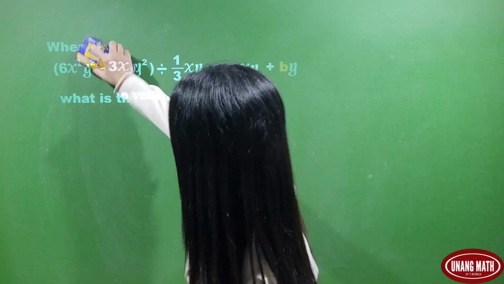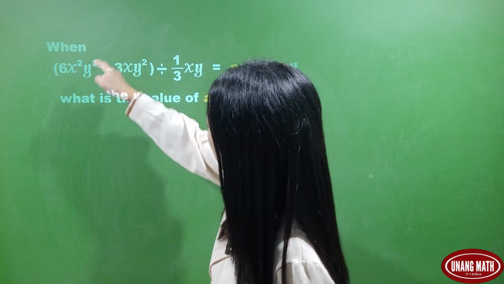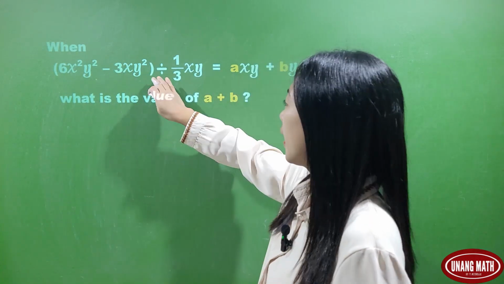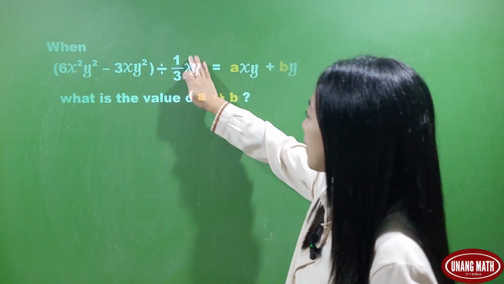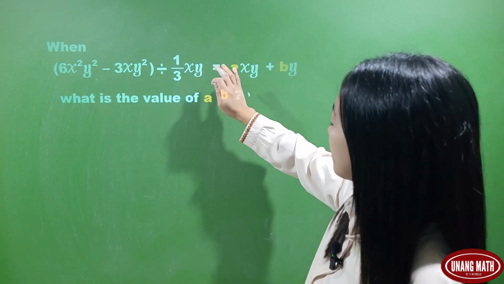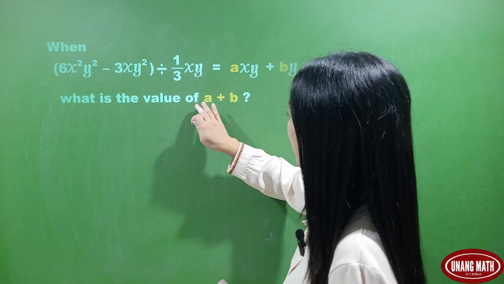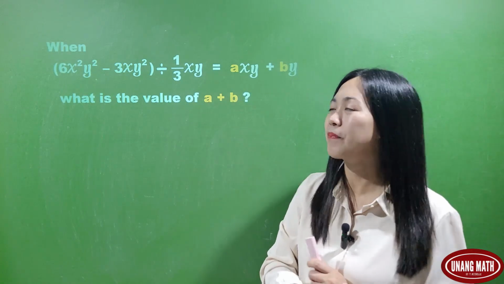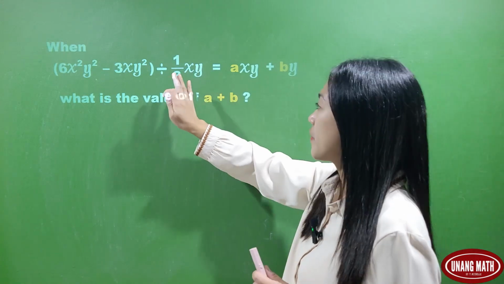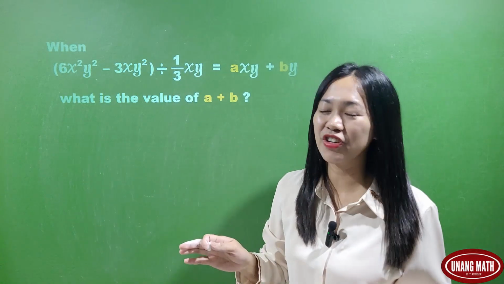Okay, when 6x raised to the power of 2, y raised to the power of 2 minus 3x y raised to the power of 2 is divided by this monomial, 1 over 3xy, is equal to axy plus by. What is the value of a plus b? Okay, in this problem, we will be using the reciprocal to convert this division to multiplication.